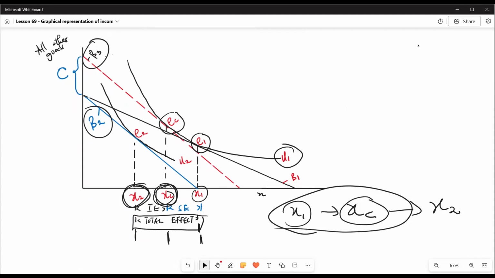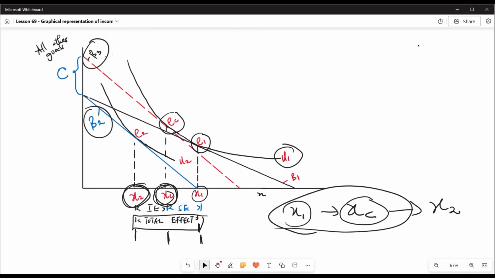So what this means is that for Ella, good X is a normal good, and the income effect and substitution effect are both negative, so they reinforce each other. Both effects indicate that when the price goes up, quantity demanded goes down, and vice versa. Hence, normal goods necessarily satisfy the law of demand, representing a negative relationship between the demand of the good and the price of the good.